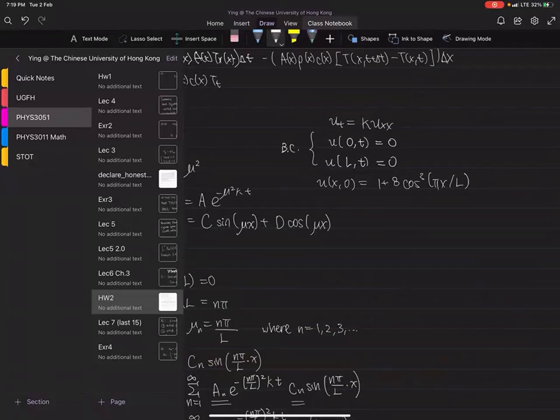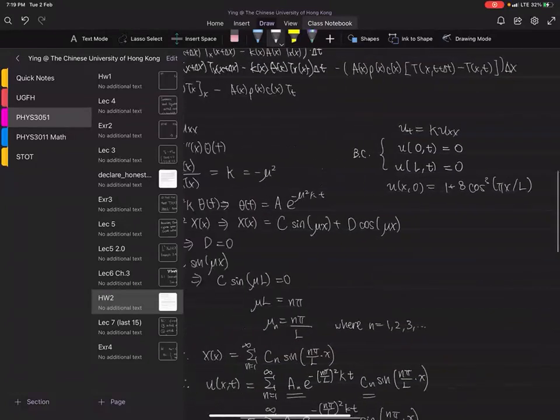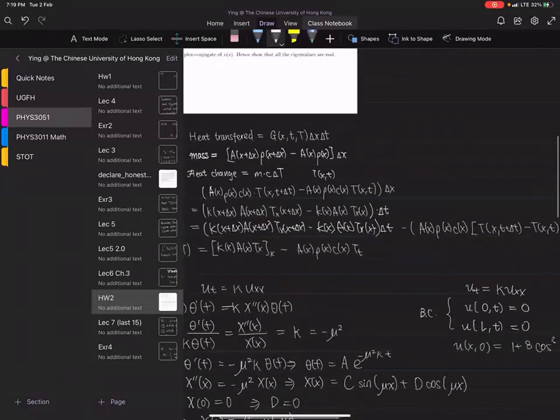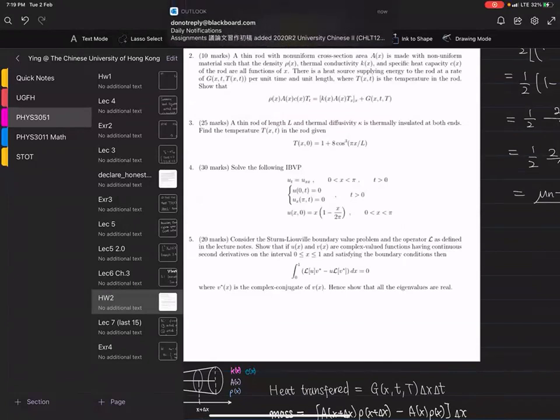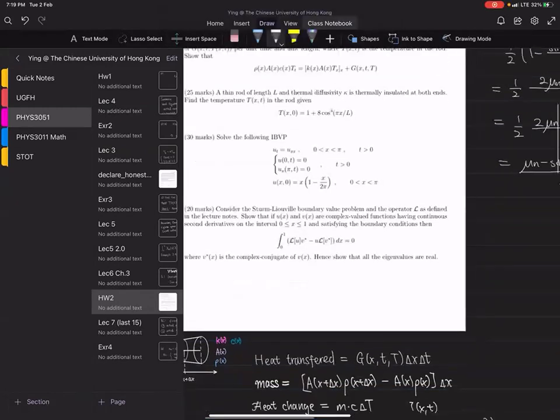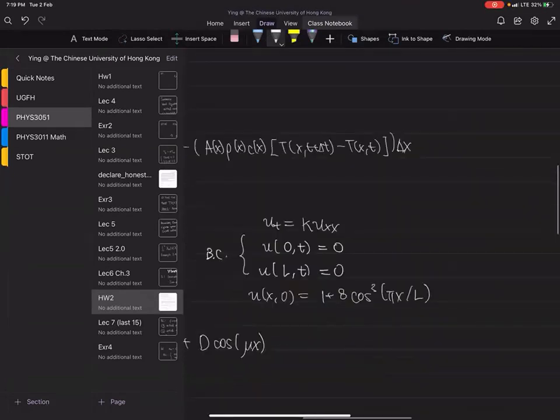Okay, you have to redo the whole question. Wait, what's wrong? Can you read what the boundary condition is here? They are thermally insulated at both ends. Yes. So what do you have here?